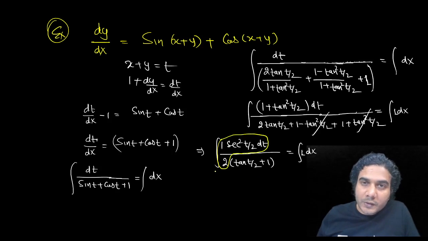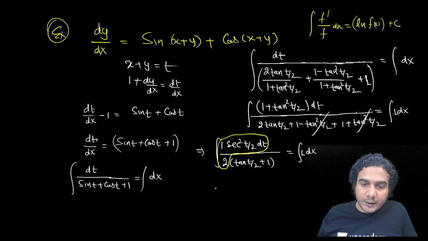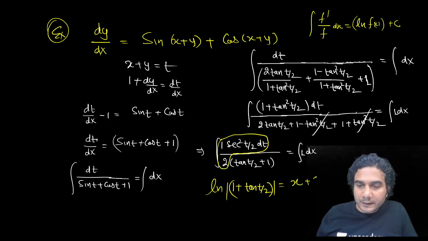So it is like f dash x upon f x, and whenever you have f dash x upon f x dx, it is ln of f x, all right, plus c. So it is going to be ln of 1 plus tan of t by 2 is equal to x, okay, plus c. So that is going to be the answer.